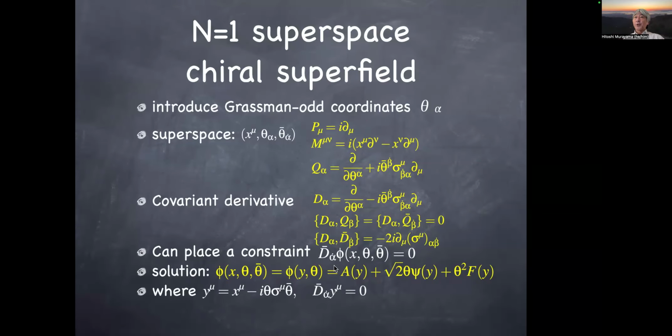But anyway, you can place this constraint so that you end up with what we need, namely a combination of a complex scalar field and one left-handed Weyl fermion. It turns out that this F comes together with the rest, but it doesn't have any kinetic term, so you can integrate it out right away. So the dynamical degrees of freedom are really the complex scalar field and the Weyl fermion, as desired from what I talked about on the previous slide.